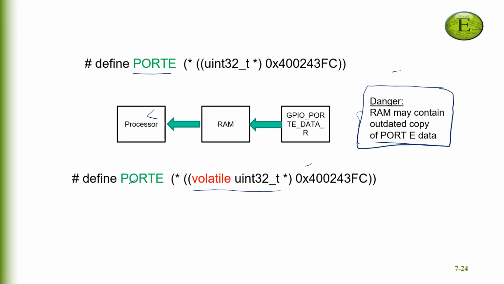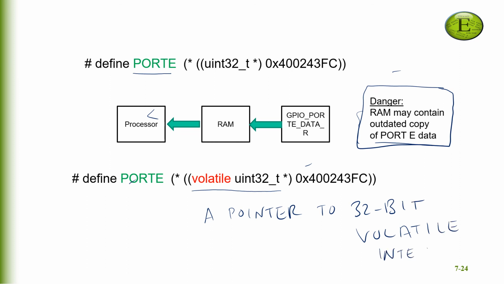So we are really making this number a pointer to a 32-bit volatile integer. What do we mean by a volatile integer? Let's look at that.